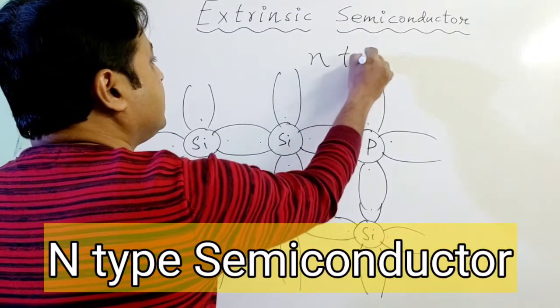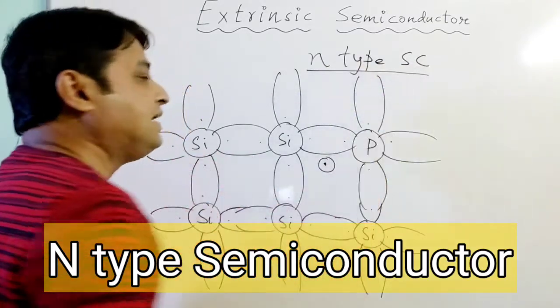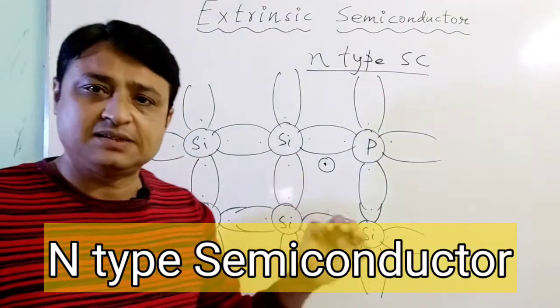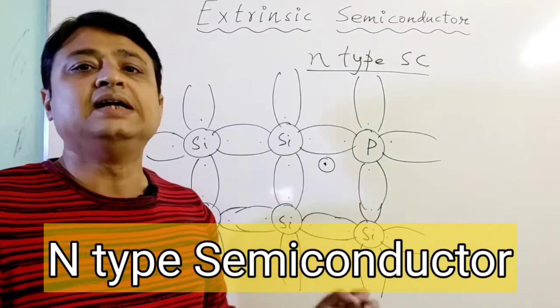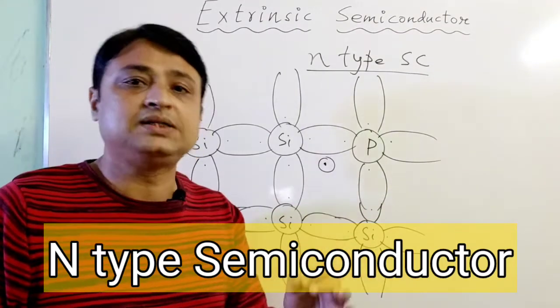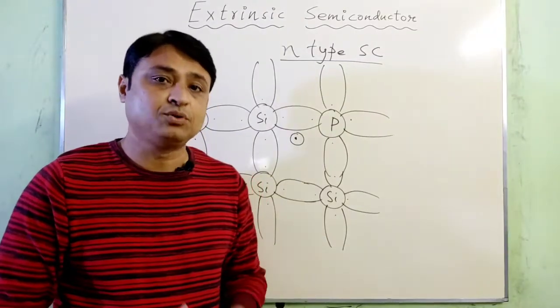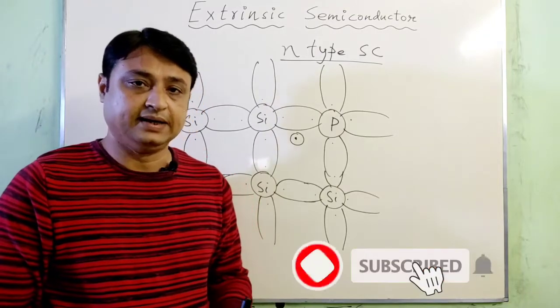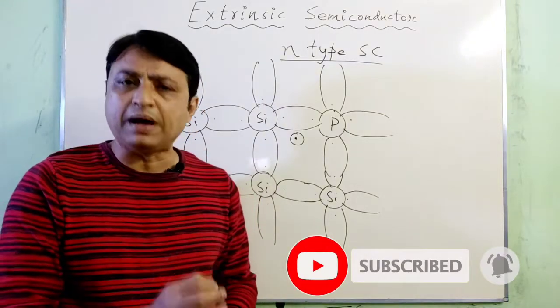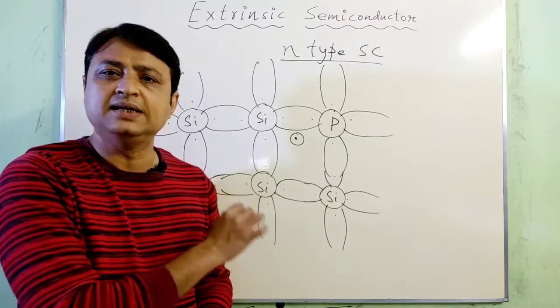So this is the creation of an n-type semiconductor, as the electron is the free carrier or the majority carrier in this silicon structure. And you have to remember one thing here, what is the purpose of this phosphorus atom inside this silicon structure.